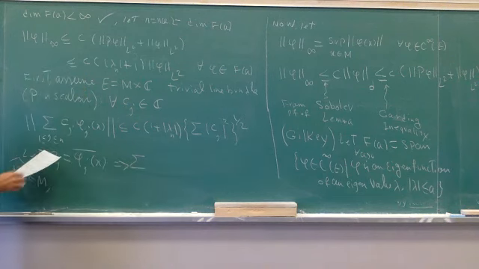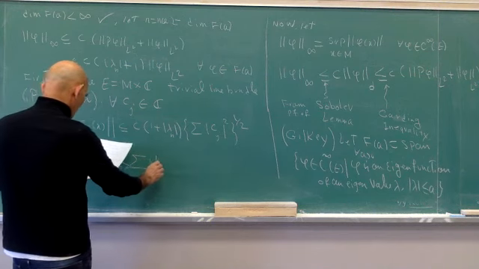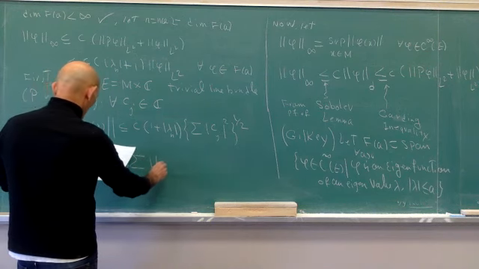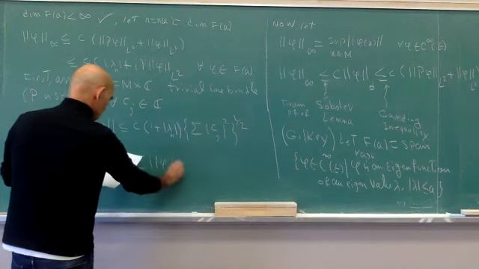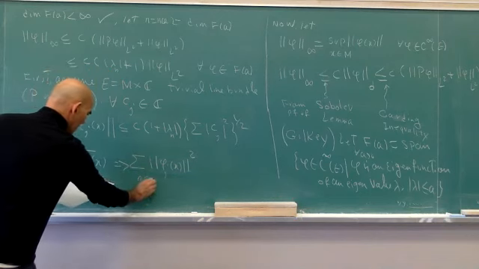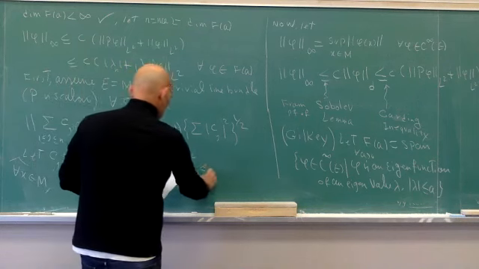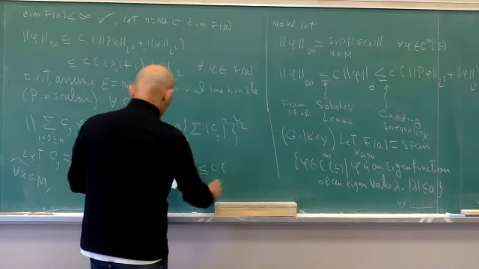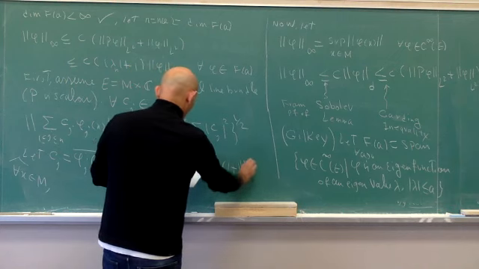Here you just replace, you get the sum of norm of phi j of x squared, j less than n, 1 is less than or equal to c times 1 plus the value of lambda n.